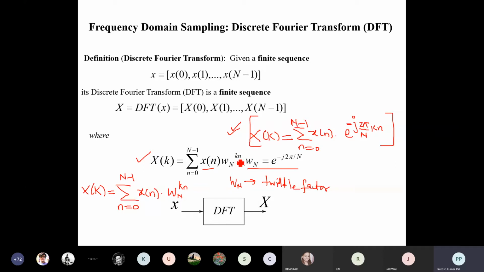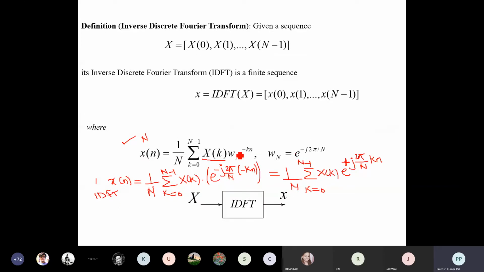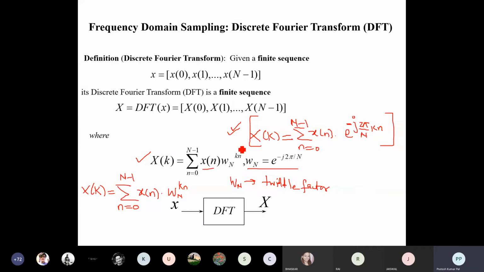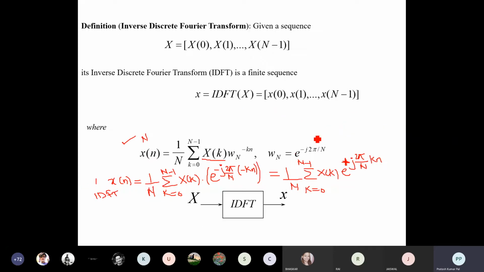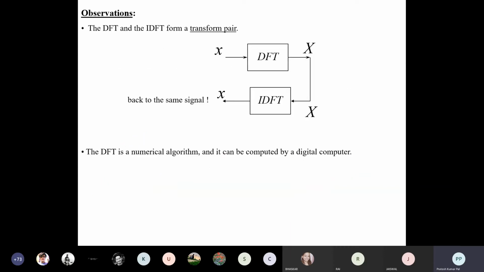But if we put the value of twiddle factor, that will be e to the power minus, so it will be in the form of negative. Similarly, in case of IDFT, it is in negative form, but after putting the value of twiddle factor, we will get a positive e to the power plus. So you need to keep in mind that in case of DFT calculation this will be the formula, and in case of IDFT this will be the formula, with the only difference of the 1 by N factor in the IDFT calculation. Okay, so next we will be moving on to some examples.